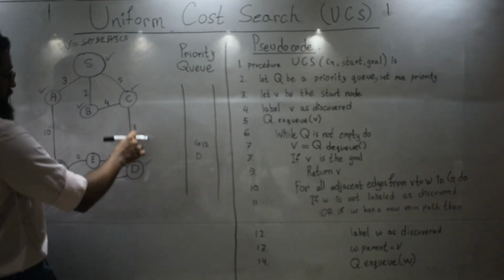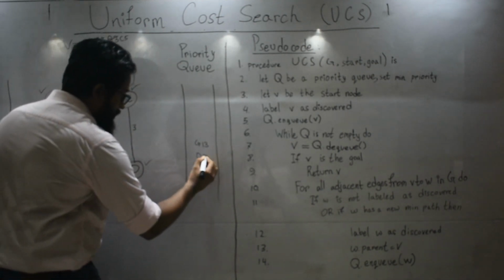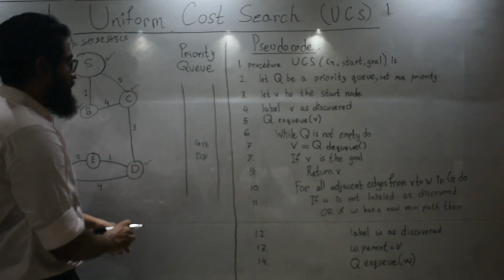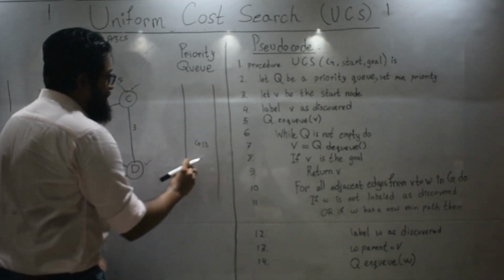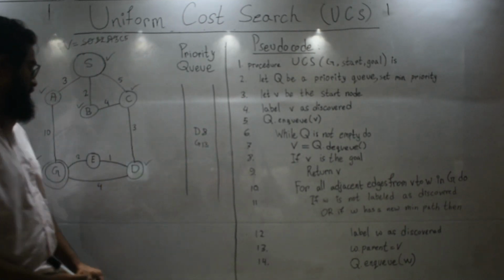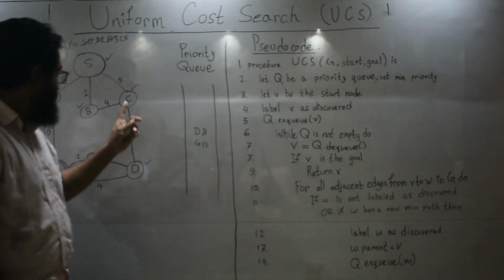Cost is 3 plus 5, 8. Now you will see 8 is less than 13. So your priority queue will place it over here. Okay.